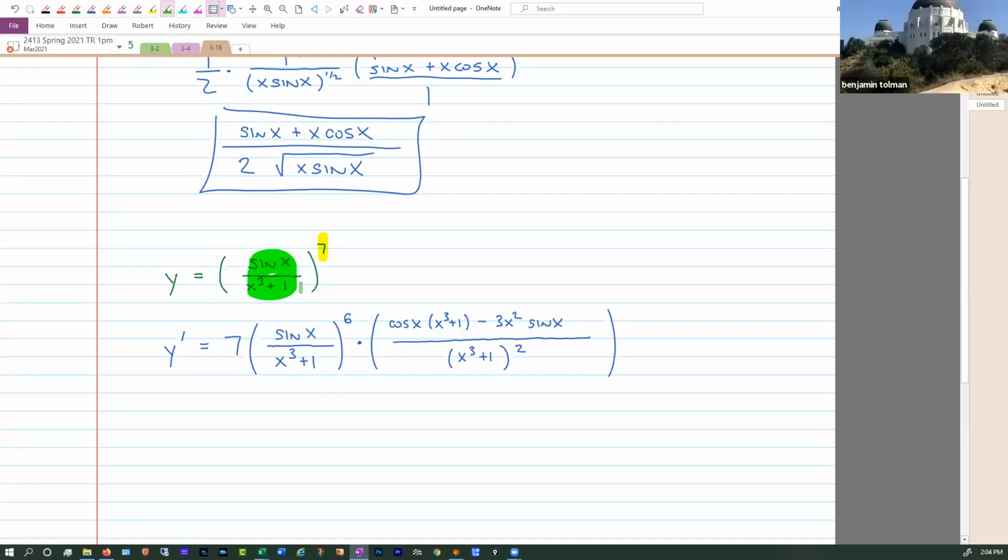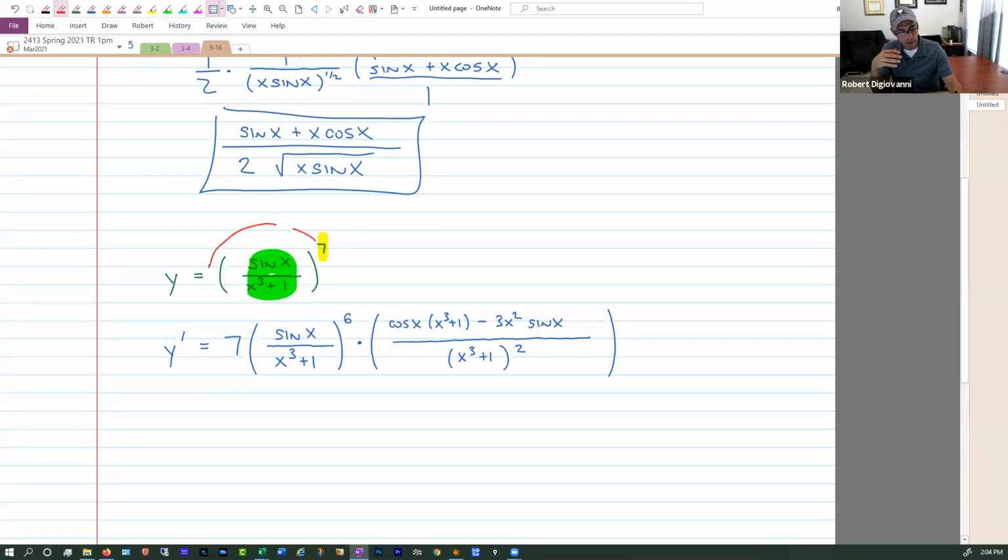If you start with the outer function, the question is, what is the derivative of something raised to the seventh power? You bring the 7 out front. That's this. And then you take whatever the inside was, leave it alone. That's your g of x. And then you subtract 1 from the power, and that's where you get to 6.